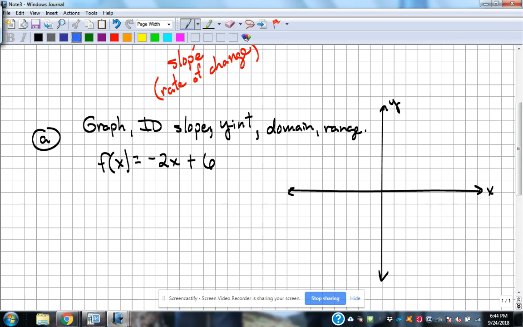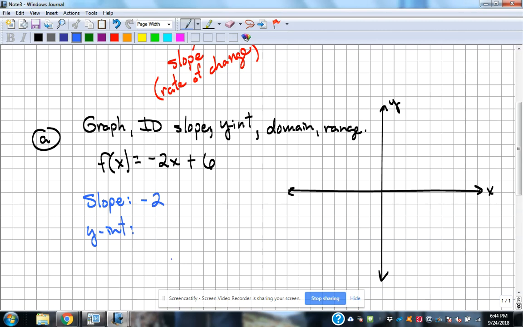The way that you graph this is you start with your y-intercept. So we're going to identify the slope and the y-intercept. The slope is the number that's in front of x. So the slope for this problem is negative 2. The y-intercept is the number that's hanging out on the end, plus 6.